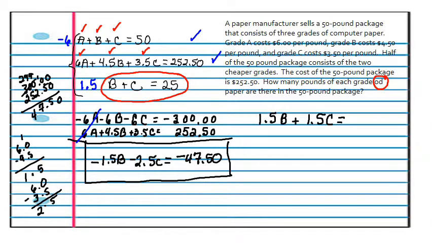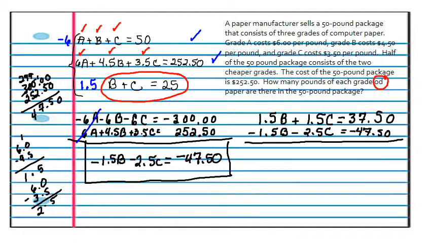And yes, I am actually going to get my calculator out here: 1.5 times 25. It's not that I can't do it, but sometimes it's about time and the complex computations. And then I'm just rewriting the next one, minus 2.5C equals negative 47.50. In fact, we can put a 0 there just to make everybody nice and happy.